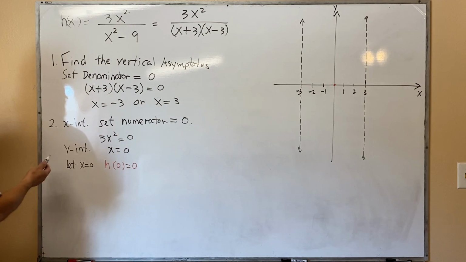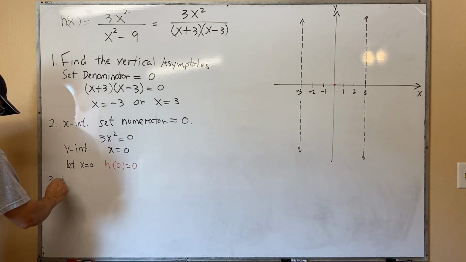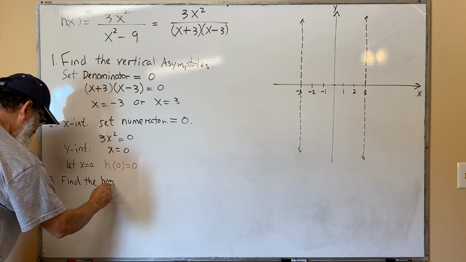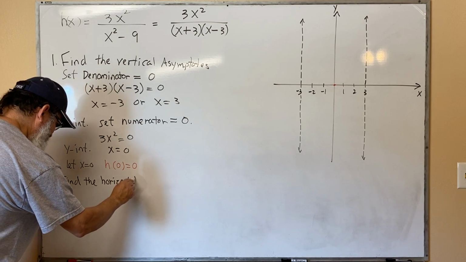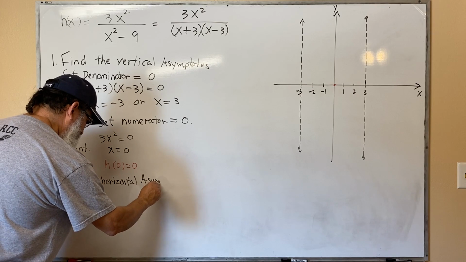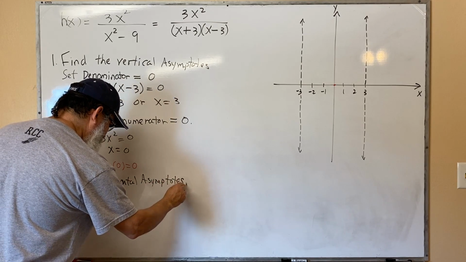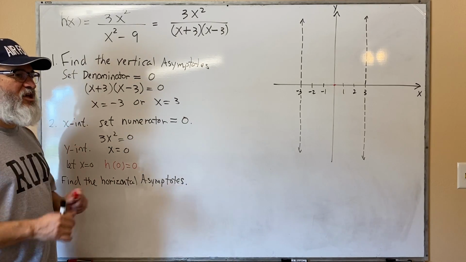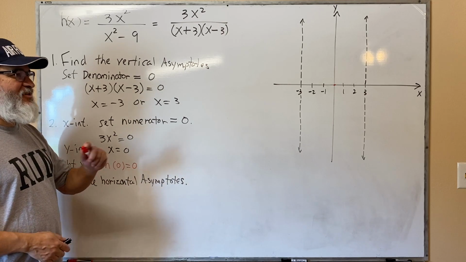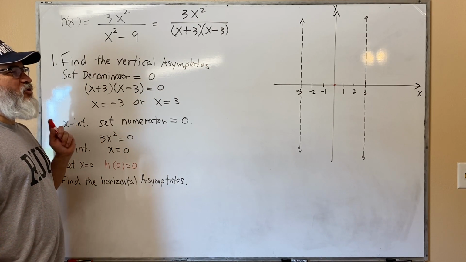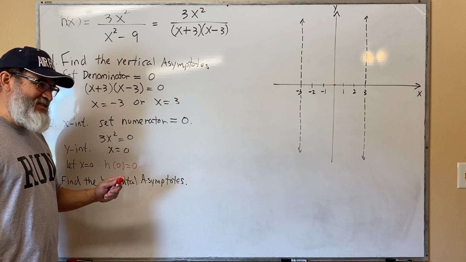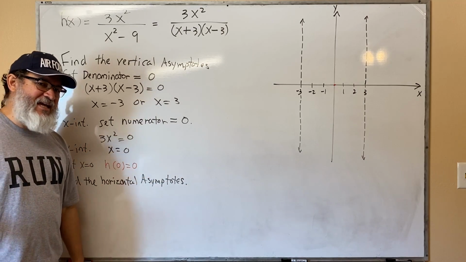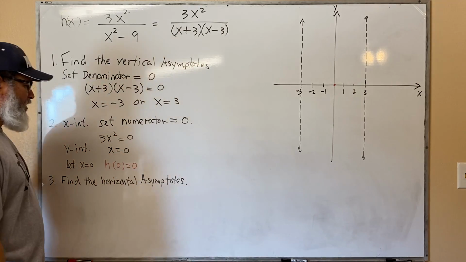Find the horizontal asymptote. How do you find the horizontal asymptote? Well, earlier we said we look at the degree of the numerator and the degree of the denominator. When the degree of the numerator is less than the degree of the denominator, the horizontal asymptote is the x-axis. Look at the last problem.